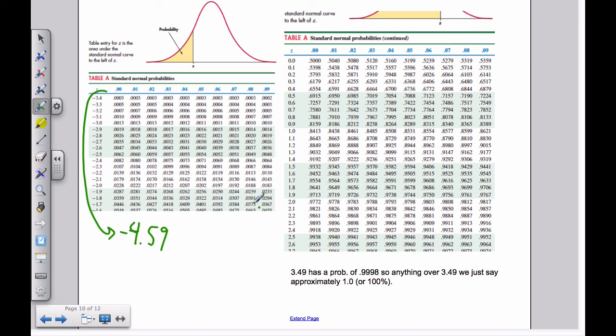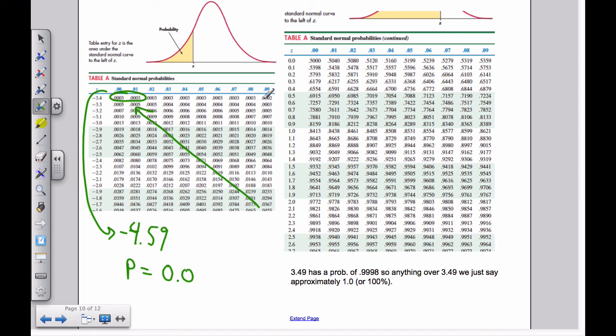But notice what happens as you go further in this direction on this table. It gets closer and closer to a probability of basically 0.0. So anything under negative 3.49, we just say has a probability of 0.